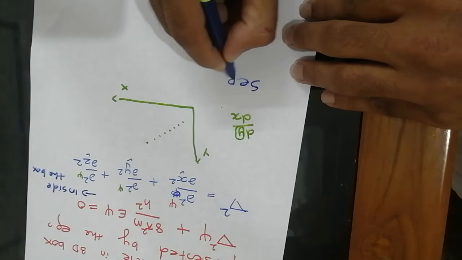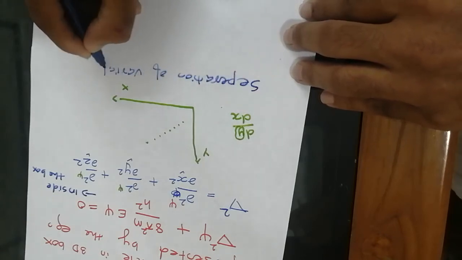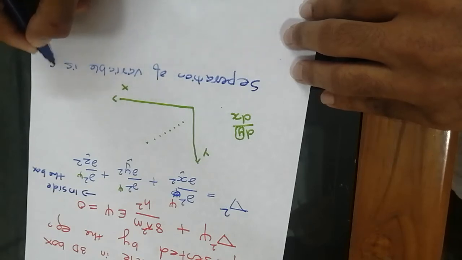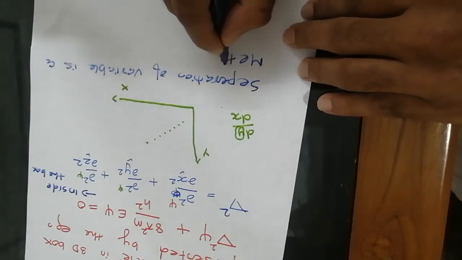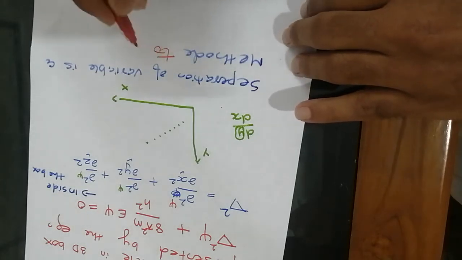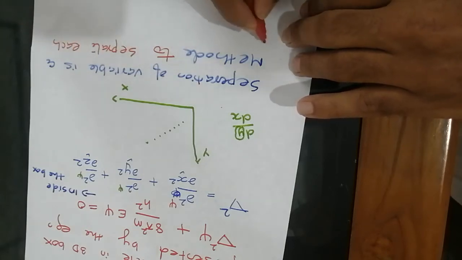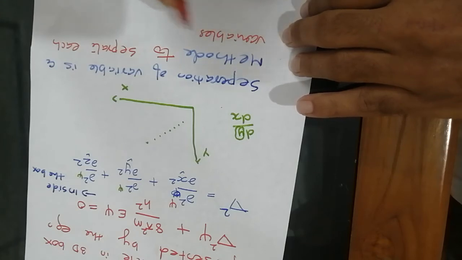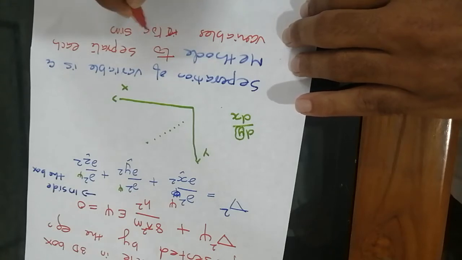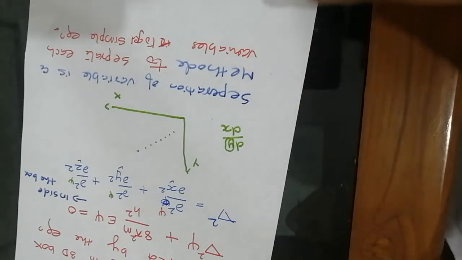Separation of variable is a method to separate each variable into a simple equation, nothing but a one-dimensional equation.